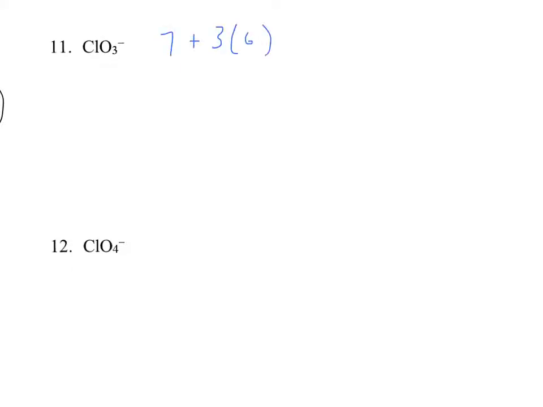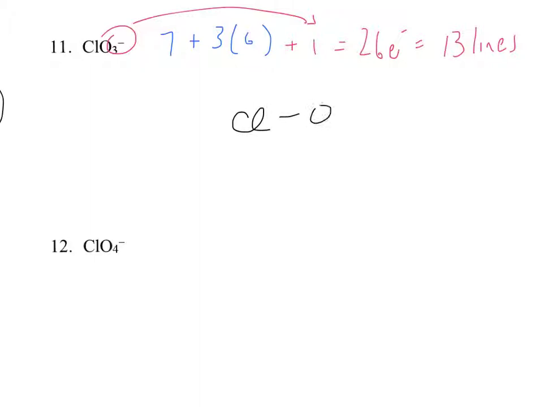On to the chlorate ion. 7 plus 3 times 6. Again, plus 1 more for a total of 26 electrons, 13 lines, resulting in chlorine in the middle, 3 oxygens around.